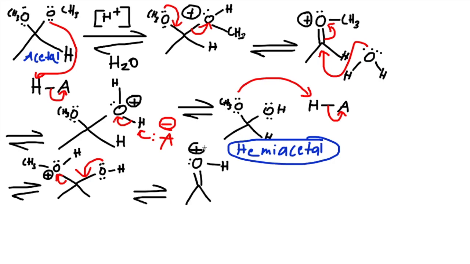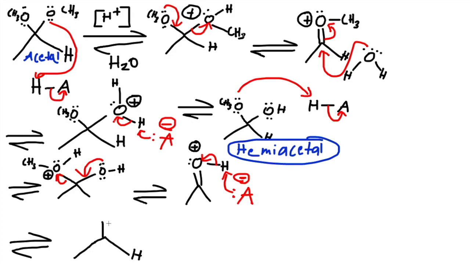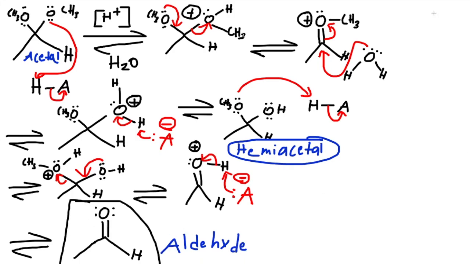From here, our final step is that the acid comes back, grabs the hydrogen and kicks off electrons to oxygen to give our final product of this. And so what we had made in this mechanism is what we said we were going to make, and this is an aldehyde. Don't forget the hydrogens. So this was a 7-step mechanism again. If you're going forward, it should be the same number of steps as going backwards.